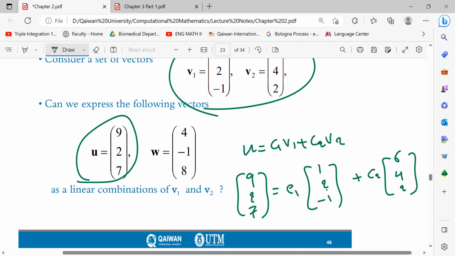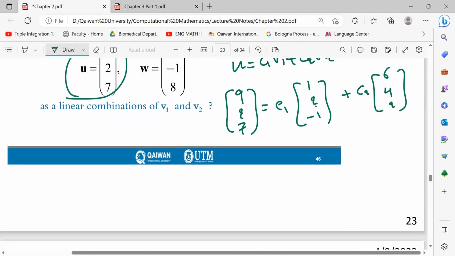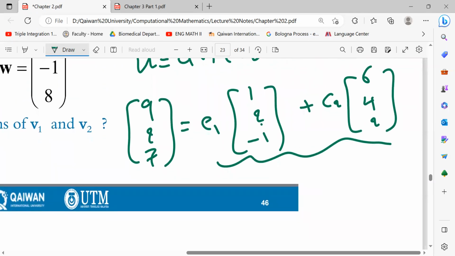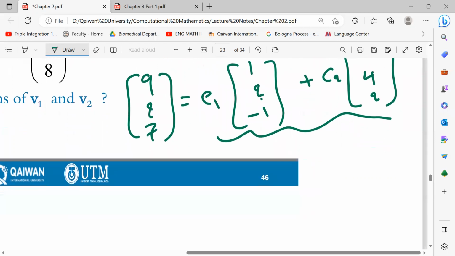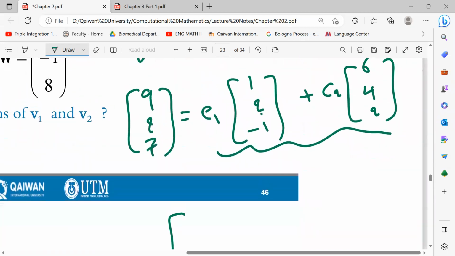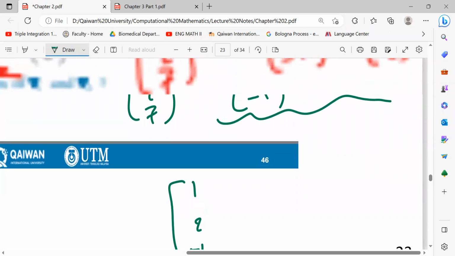We need to write down the augmented matrix for the system. It's important to write down the augmented matrix, and we studied how to write it down. These two are the left-hand side elements, and this is the constant terms. First, we write down vector V1. V1 is 1, 2, and negative 1.